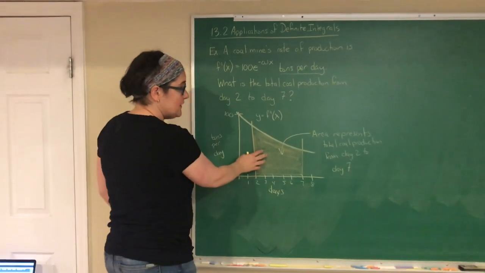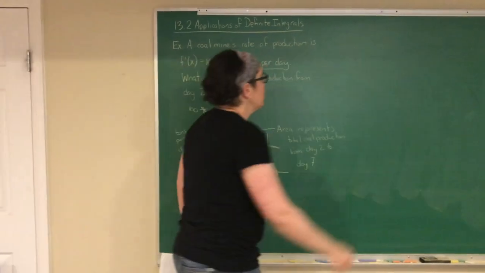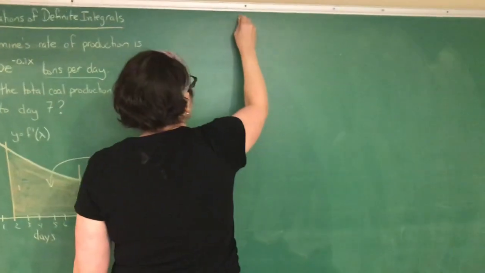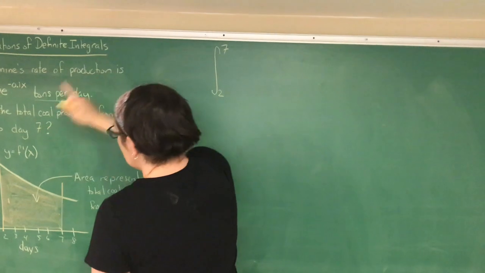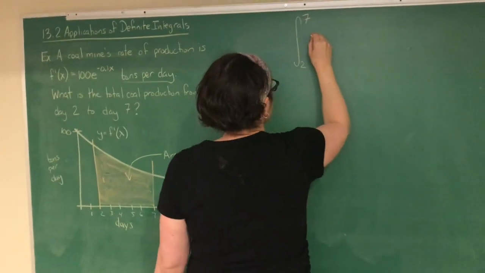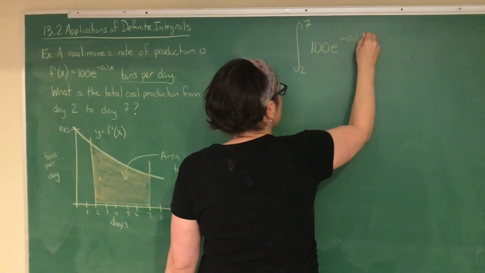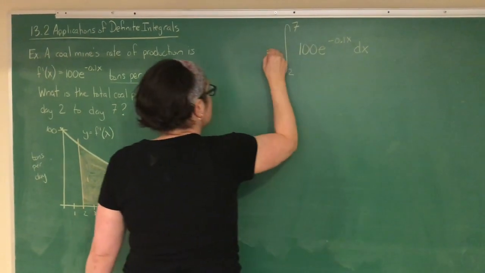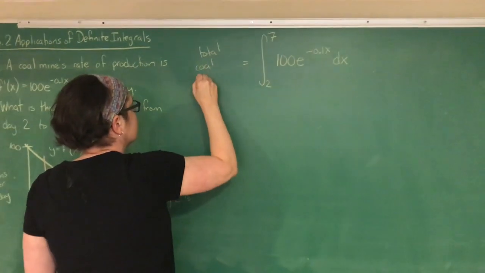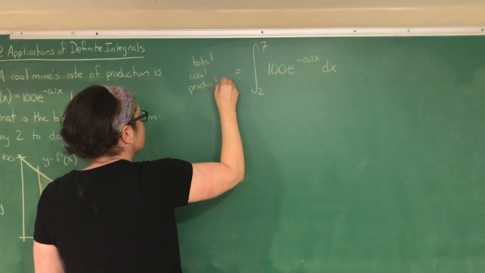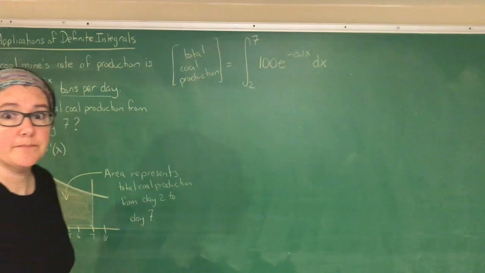So to calculate this area, the area under our function between 2 and 7, we're going to find the definite integral from 2 to 7 of this function, which is our derivative function, 100 e to the negative 0.1x dx, and this is going to tell us our total coal production from day 2 to day 7.